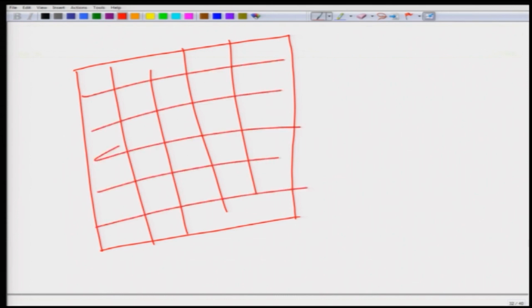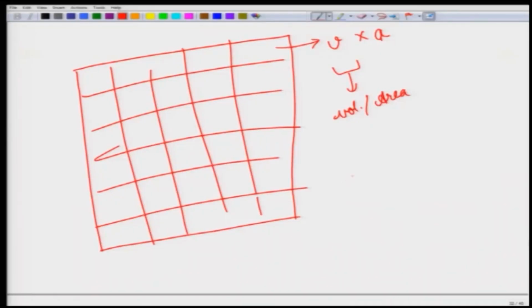The volume of each of these will be given by V_R, which is the volume per unit area multiplied by the area of this particular section. In all of these sections, the volume per unit area is different, but the area of each section is constant.